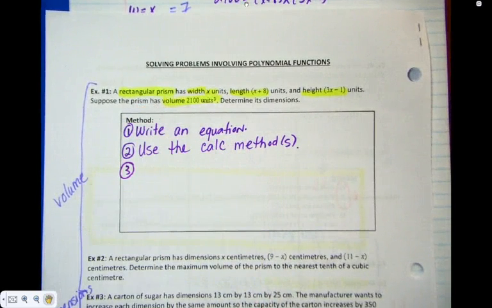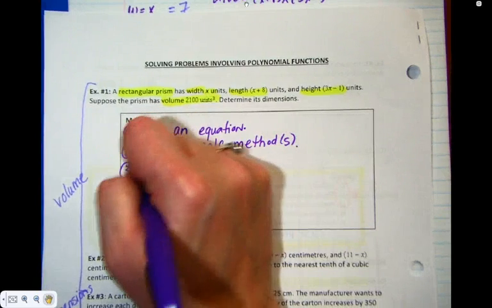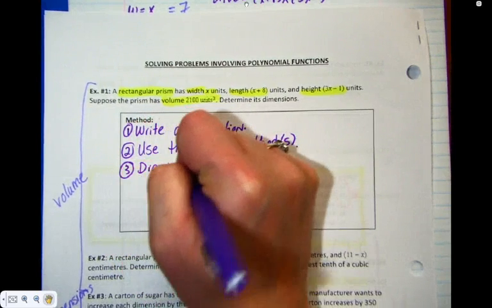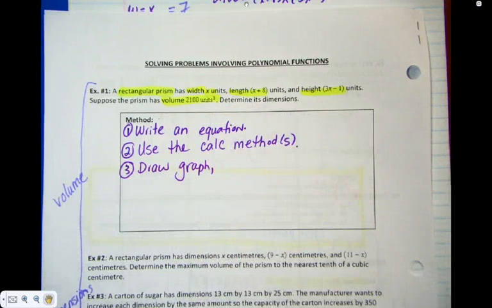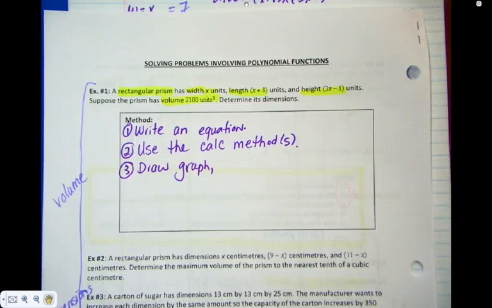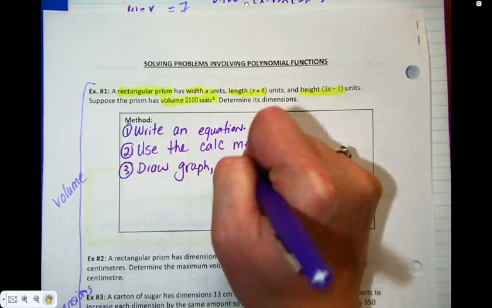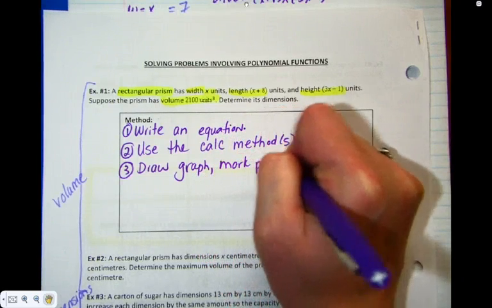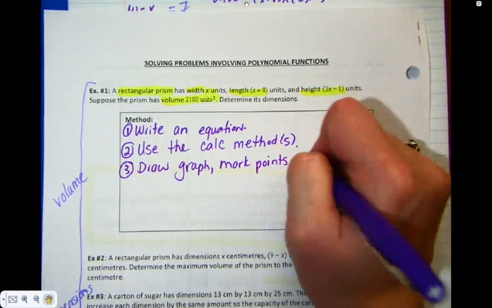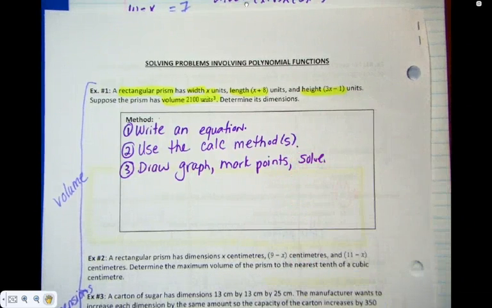What did we physically write on our paper when we used the calculator method? So we drew the graph, so draw a graph. And what did we do on the graph? Marked the points. And then we solved whichever method you wanted, intercept or intersect. So draw the graph, mark points, and solve.